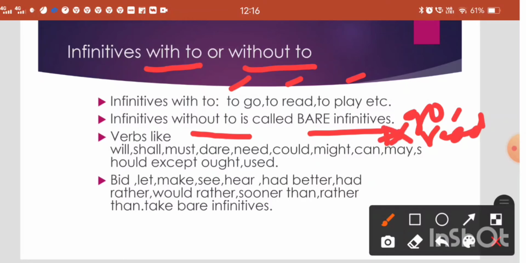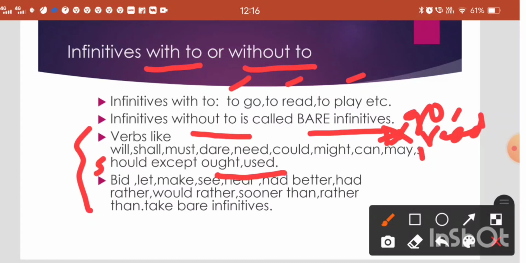So remember this. There are certain verbs which take bare infinitive. So learn these verbs: will, shall, must, dare, need, could, might, can, may, should, except used or ought. What does it mean? With ought or used, we use infinitive with to: ought to, used to.